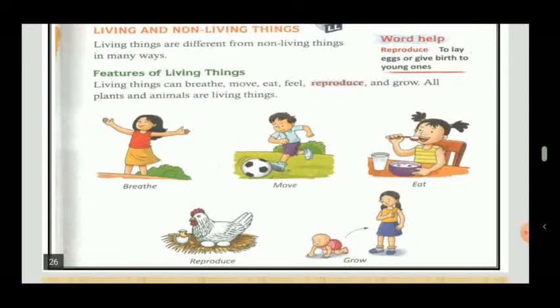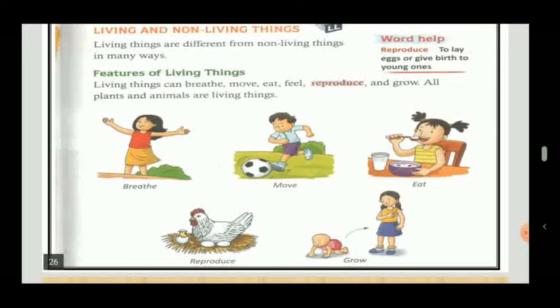When the boy pushed the ball, at that time the ball moved. Living things can eat. One girl is eating food and drinking milk. So, living things can eat and non-living things cannot eat.